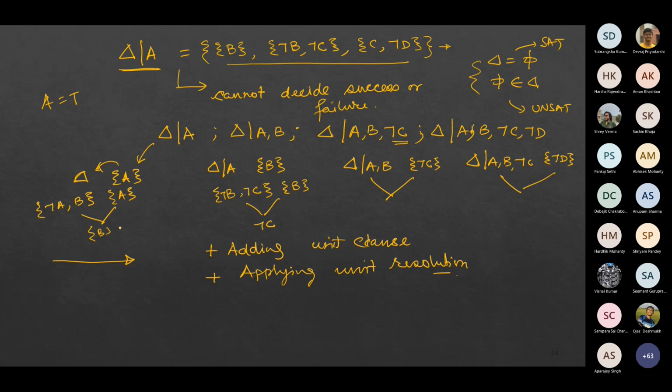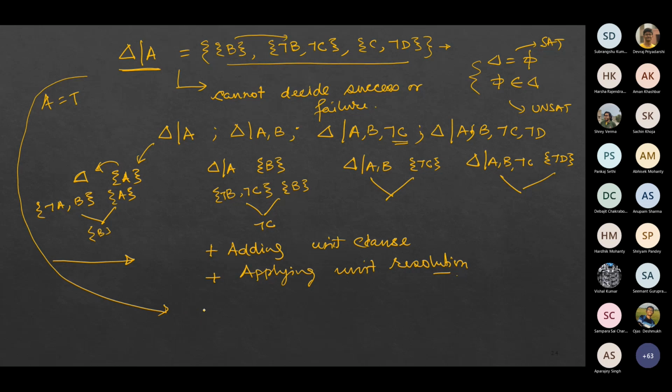Now, if that can be done, our knowledge base will be reduced to a very small set. So let us try to illustrate the idea that I'm talking about. After conditioning over A, we have this. Now, if we condition this again, we have a case for applying unit resolution.